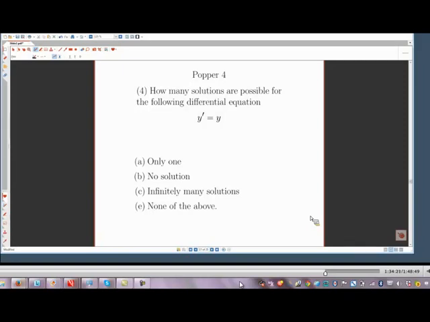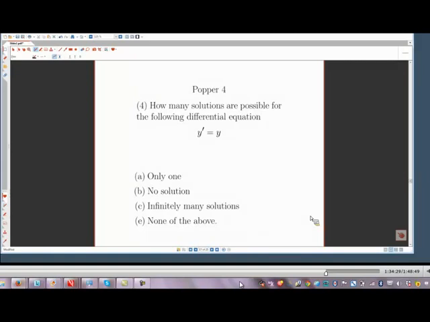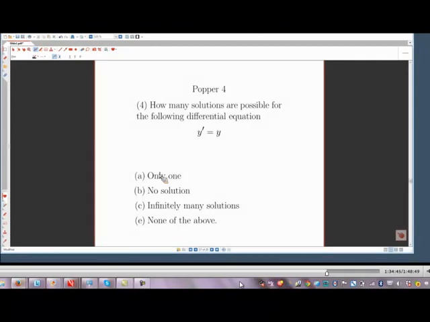How many solutions are possible for this? It's a very easy problem.